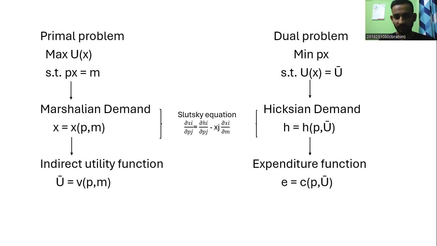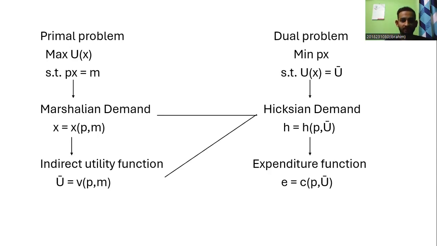The Slutsky equation is an undergrad topic, and here we can also put this equation to represent the relationship between these two demands. Now, if we put the indirect utility function, u bar, into this Hicksian demand where there is u bar, we can get Marshallian demand.